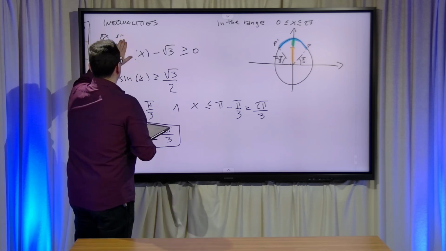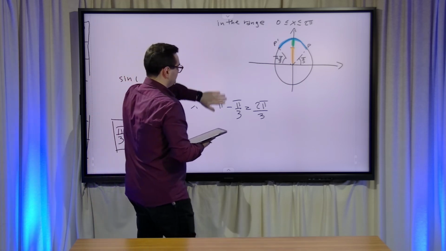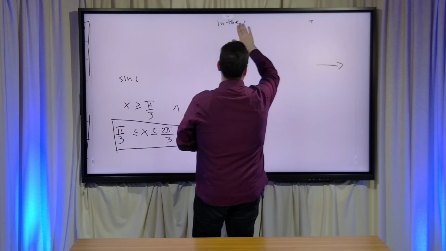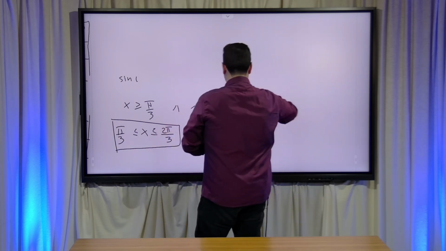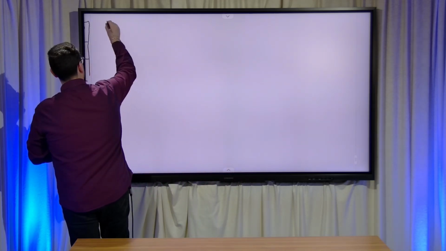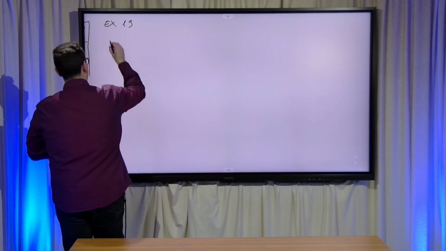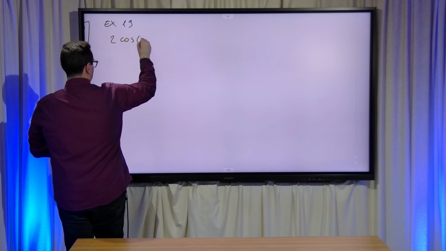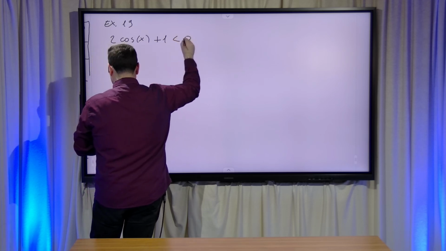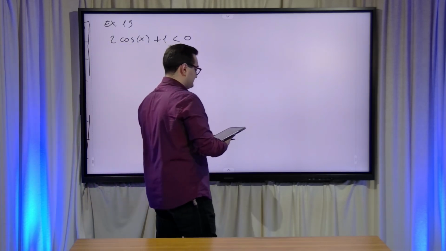Let's do another one. Okay, 2 cosine of x plus 1 is less than 0.